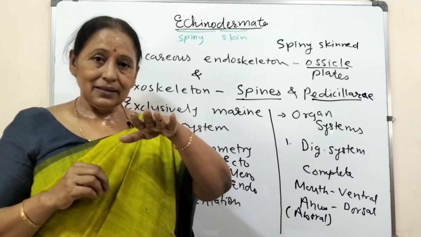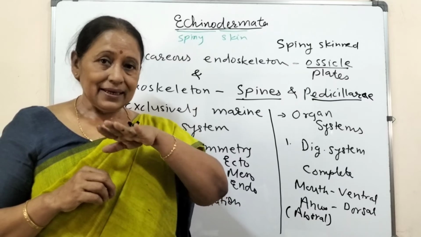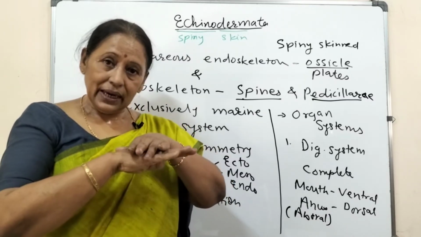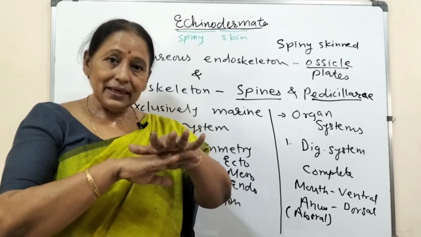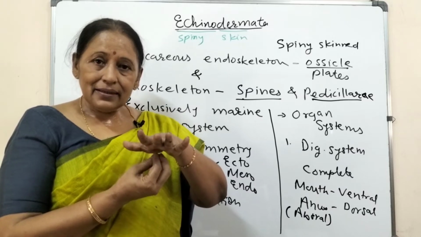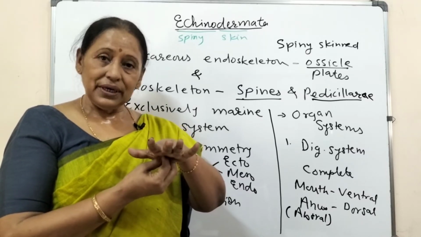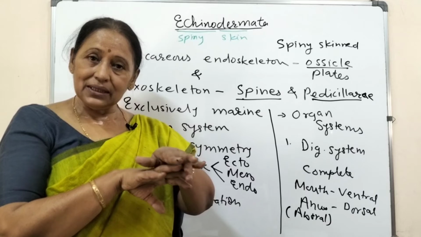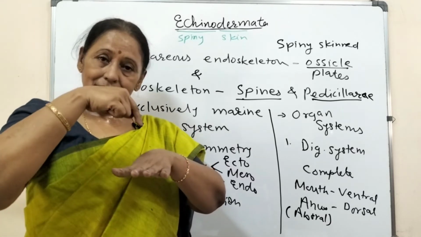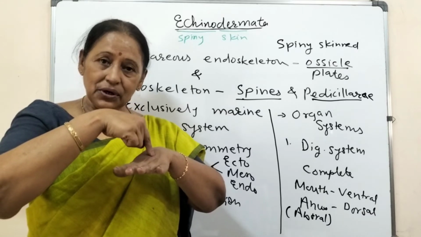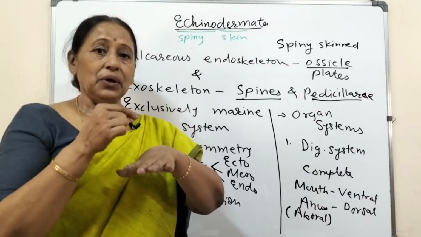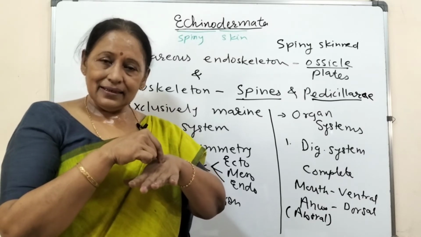Suppose this is the starfish. It cannot swim, it can crawl. When it is crawling on the sea surface, it has to take the food from its lower side. That's why the mouth is on its lower side. It is collecting its food as it crawls, and the anus is on the dorsal surface. So on the ventral surface is the mouth, and on the dorsal surface is the anus.